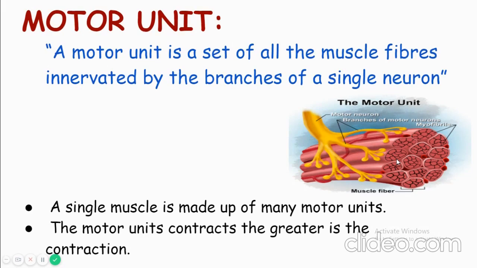And a motor unit is a set of many muscle fibers which are innervated by the branches of a single neuron. The branches of a single neuron, all the muscle fibers they supply and innervate, will constitute a motor unit. Let's elaborate it. A single neuron through its branches, if supplying all these muscle fibers together, they constitute a motor unit.